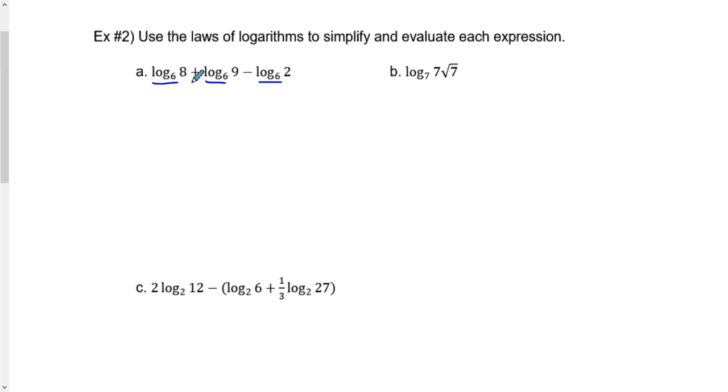So because there's the addition here, it means that this 8 and this 9 are going to have to be multiplied together. So 8 times 9. But we're subtracting this log base 6 of 2. Subtraction means division. The log base 6 just goes out in front.